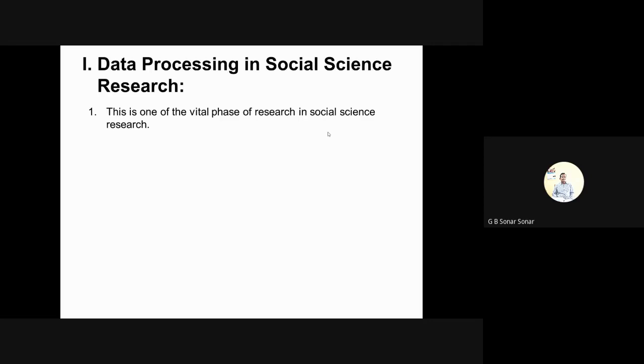So by collecting articles, the researcher is expected to do an extensive review. And by doing review of literature, the researcher is expected to develop conceptualization of the topic he or she has chosen. Besides conceptualization, the researcher is expected to identify the research lacunas.